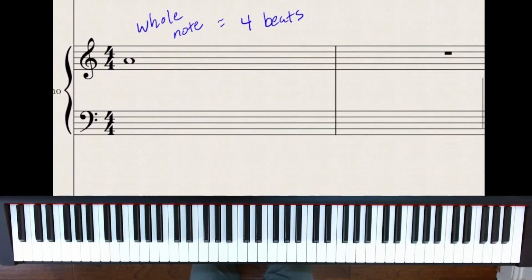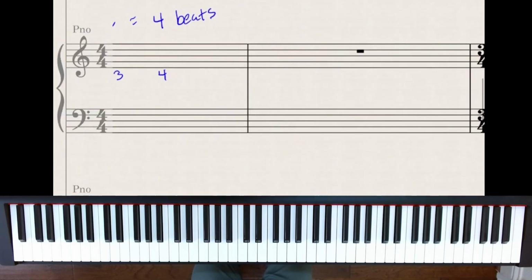So you would simply just press and hold this note for 4 counts. Okay? And over here we have what's called a whole rest. Okay? And the whole rest is 4 beats of silence.